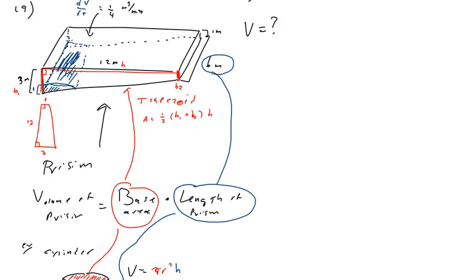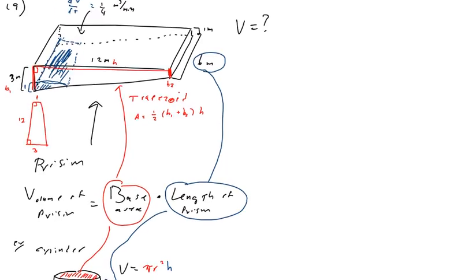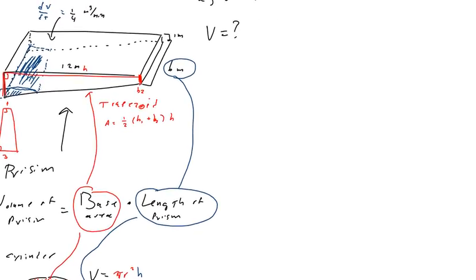So, taking all of that, the volume of this trapezoidal prism is going to be 1/2 of base 1 plus base 2 times the height of 12 times the length of 6. And that's going to be the volume of the whole thing.